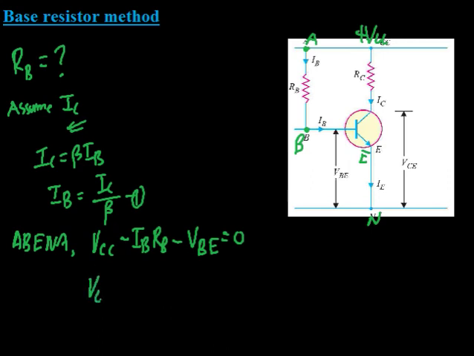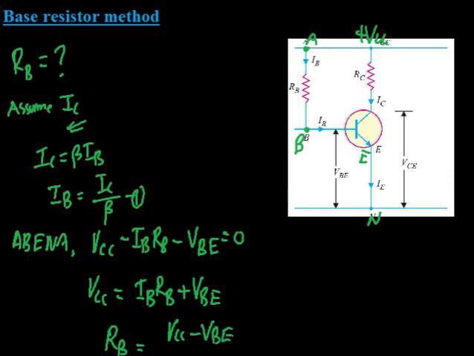So we can write VCC is equal to IBRB plus VBE. So from this equation we can write RB is equal to VCC minus VBE divided by IB.